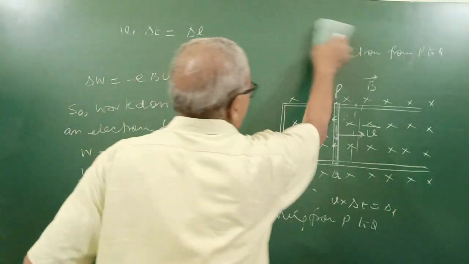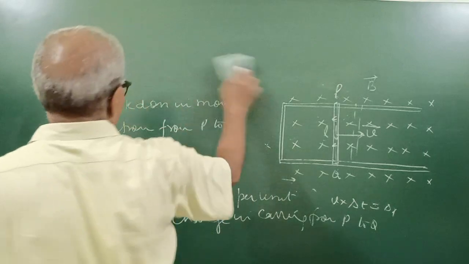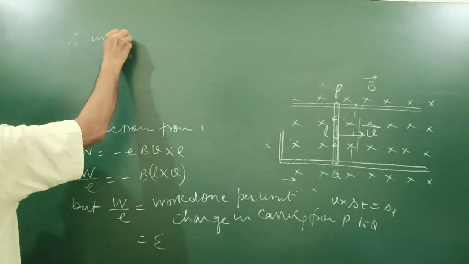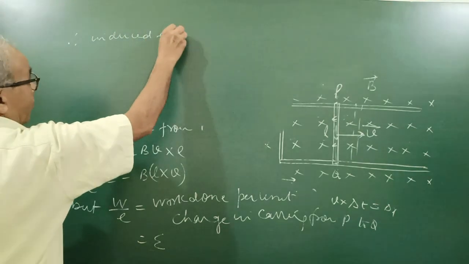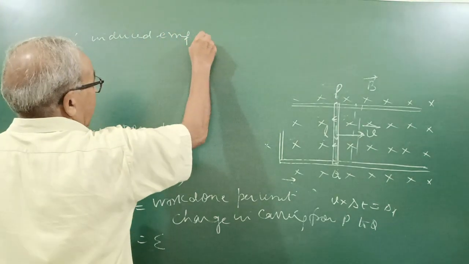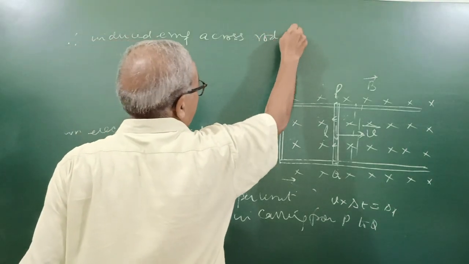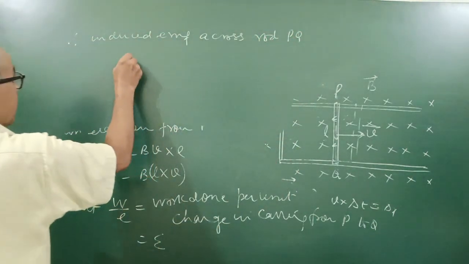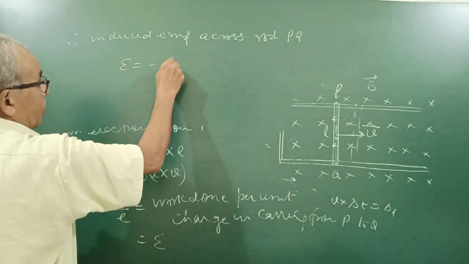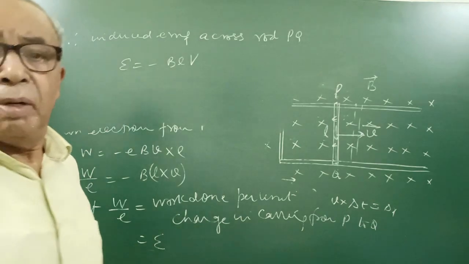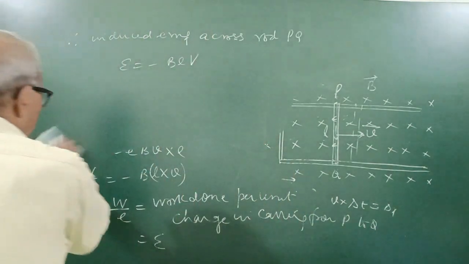So here the induced EMF across rod PQ is E equal to minus BLV, which we have proved on the basis of experimental result.